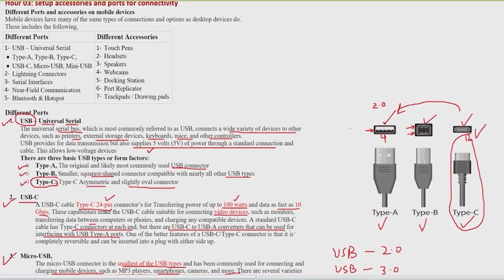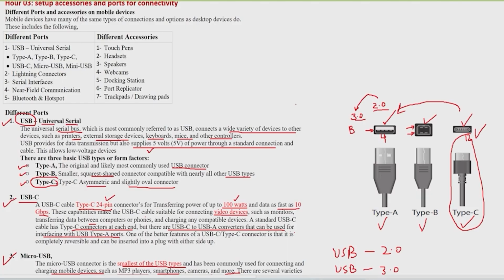If it comes with blue color, that will be 3.0. So what is the difference? The difference is speed. It is an enhanced structure of USB from 2.0 to 3.0, with carrying capacity more than 10 times. Like if USB 2.0 can transfer 1 gigabit per second, USB 3.0 can transfer 10 gigabits of data per second. So it is 10 times faster than 2.0.